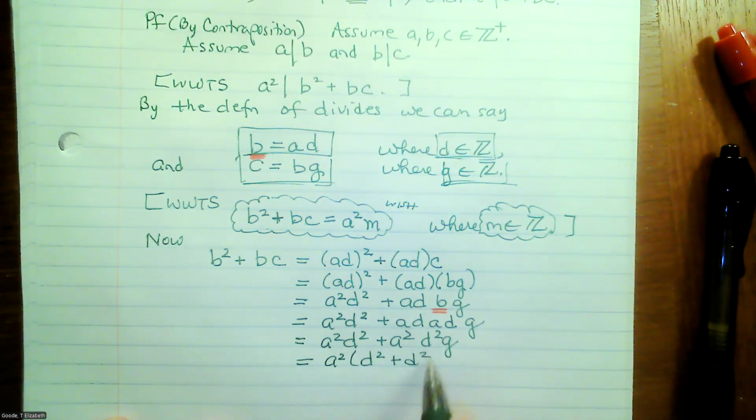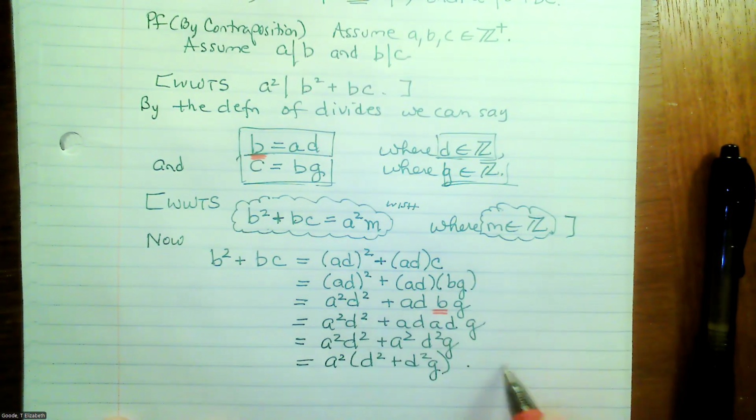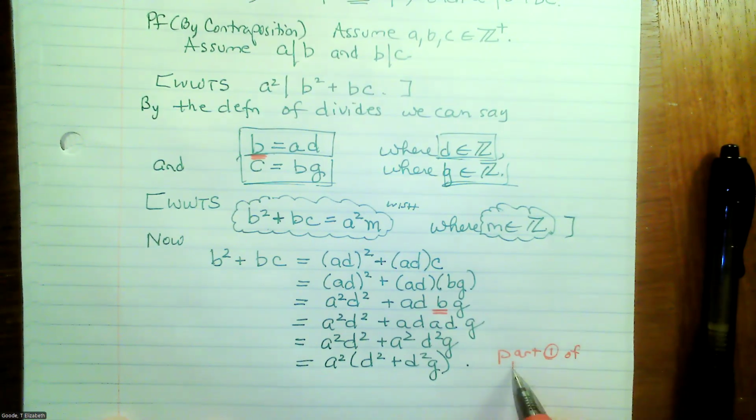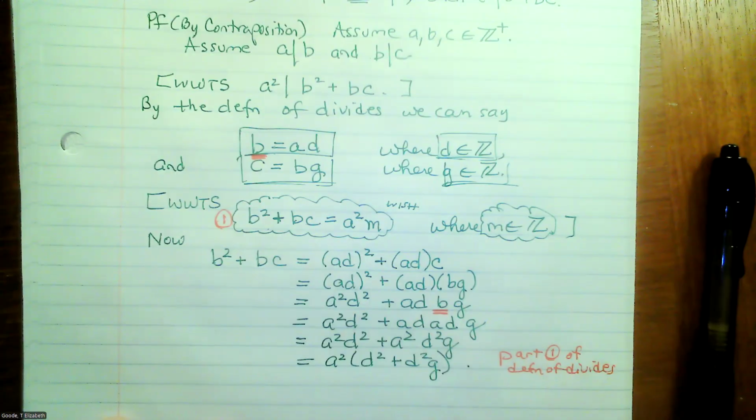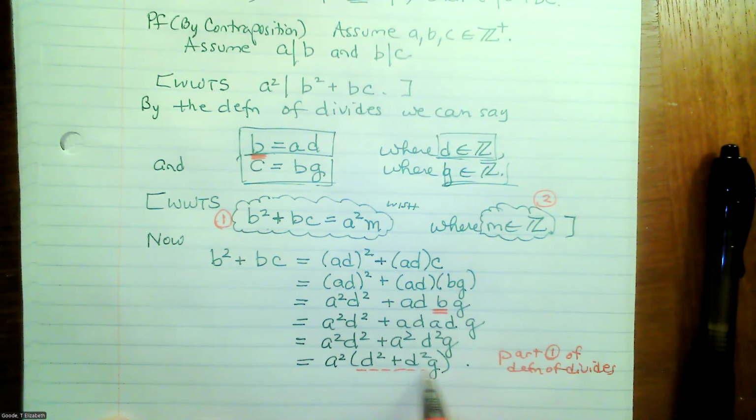What do we do now? You see, we've got part one of the definition of divides done. I have a question. So we got part one done, but we still have to deal with part two. We've got to talk about why this m is an integer, right?